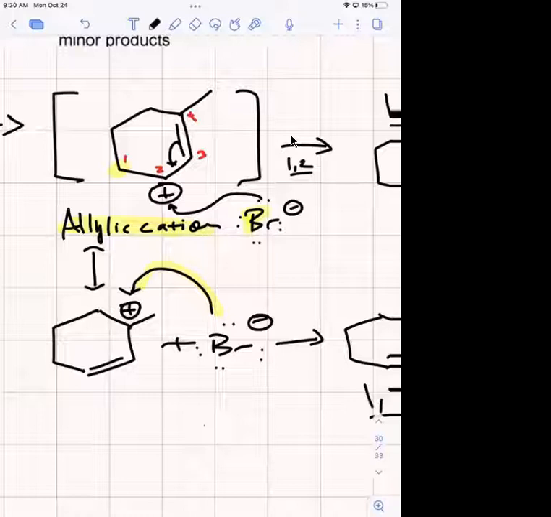It would be the least stable major product. And then for the other, it would be the most stable, or thermodynamic, product. Yes, and that will always happen. So as far as predicting the carbocation, it's based off of the numbering of carbon. Okay.